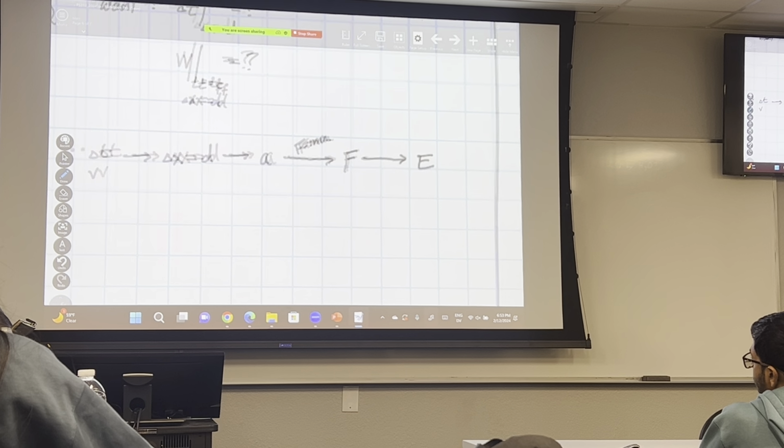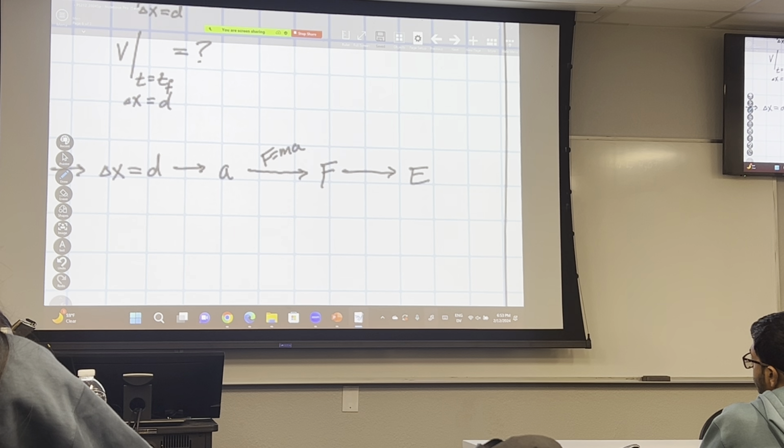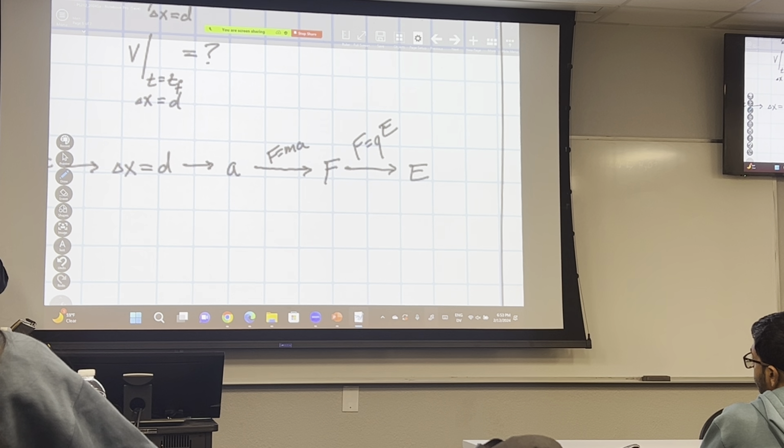Well, we are in the topic of electrostatics, and the electric field is what allows us to get the force F is equal to QE. Now, do we know enough information to get the electric field?